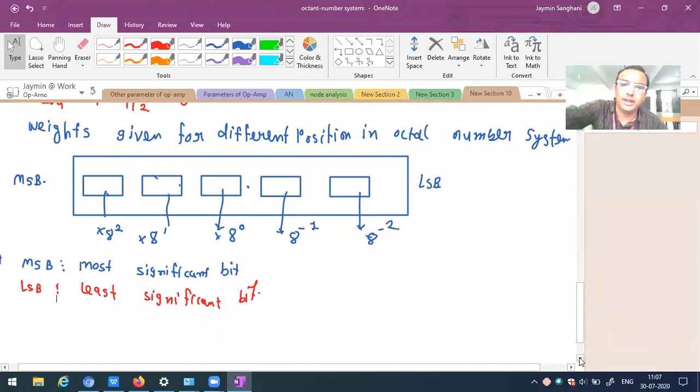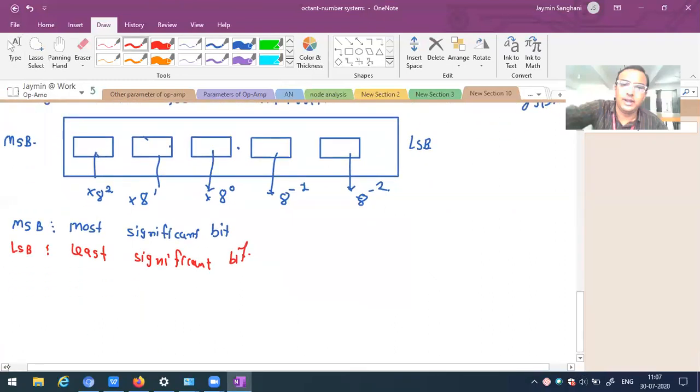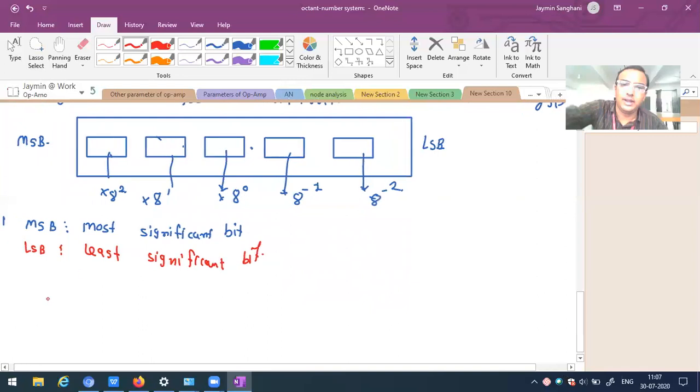So now the next point that can be considered is the application of the octal number system.